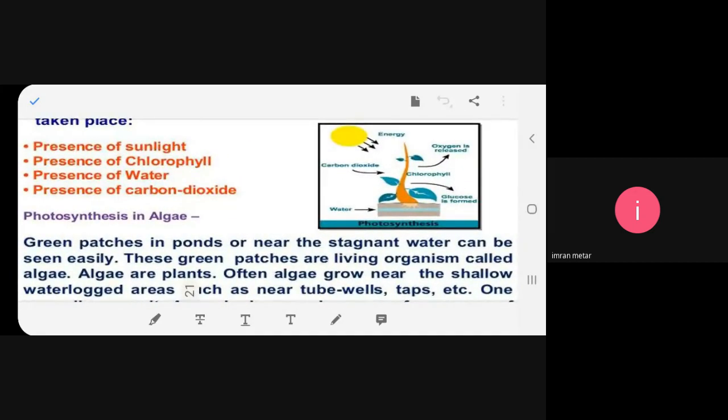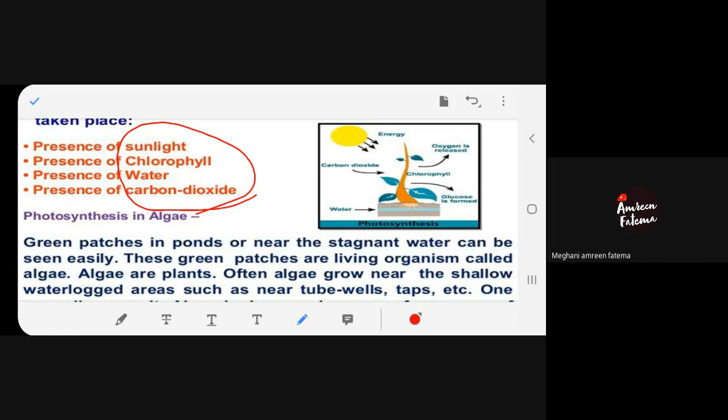Presence of chlorophyll. Presence of water. Presence of carbon dioxide. You understood now? All these four things are very important. If one is missing, photosynthesis will not take place. I repeat, if any one is missing, photosynthesis will not take place. You understand? Yes.